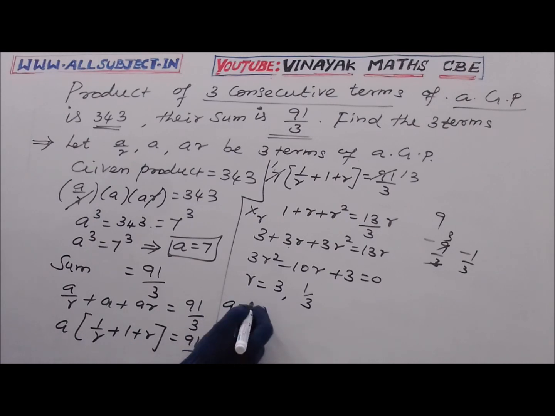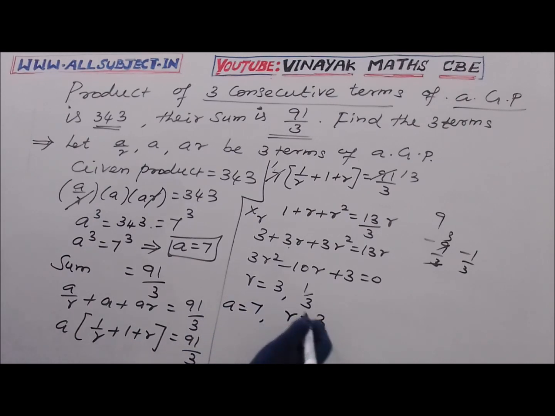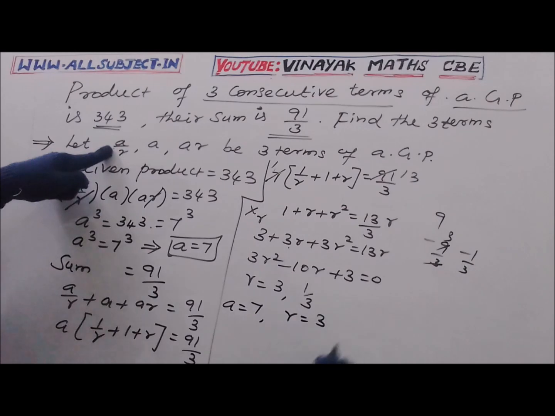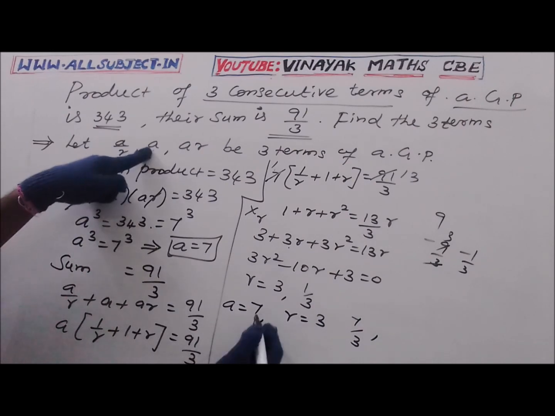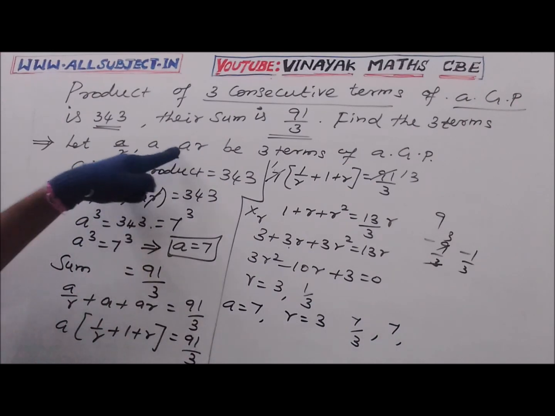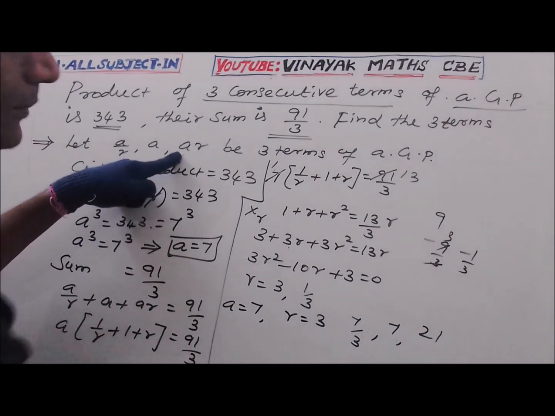Now when A equal to 7, R equal to 3, substituting, A by R means 7 by 3 comma A is 7 comma AR, 7 into 3, 21.